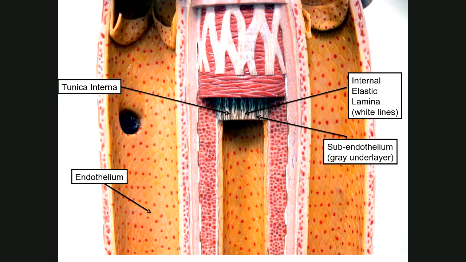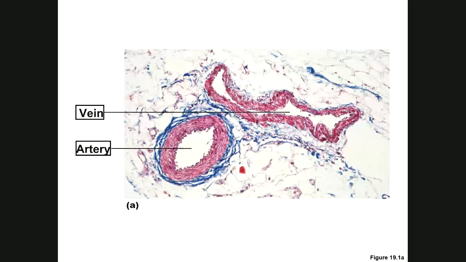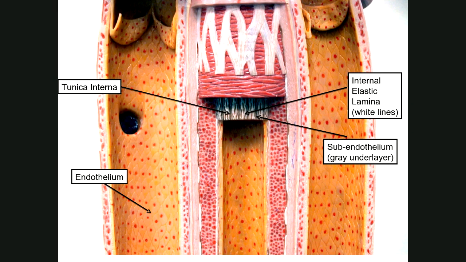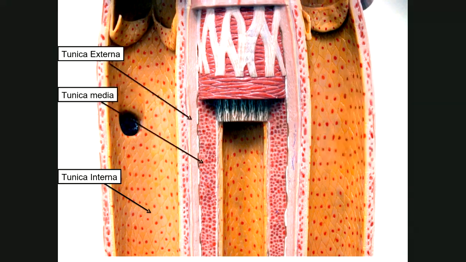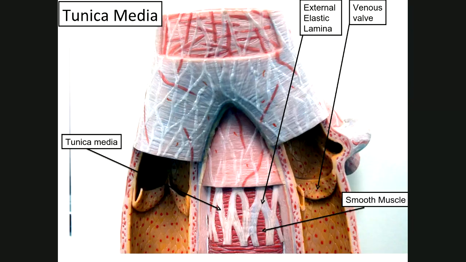And then if we look at the tunica externa, it doesn't have any sublayers. And if we look at it on the model, the tunica externa looks like this. Here it is right here. And here it is right here. Now look, it's still got fibers running through it.